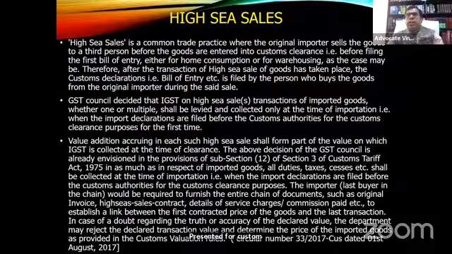So in those cases, the formalities for customs, like filing of the bill of entry, etc., are undertaken by somebody else who does not have any contract or agreement with the overseas supplier.